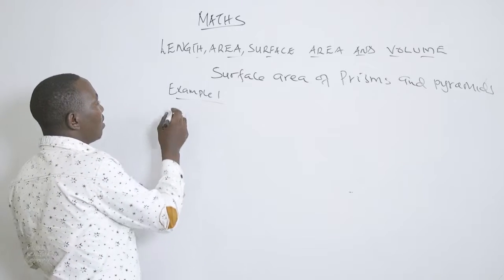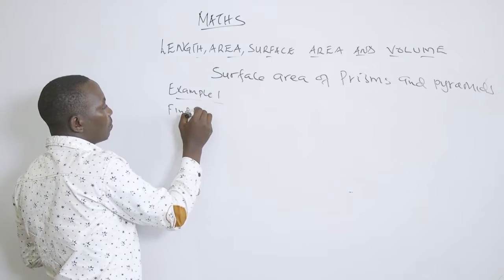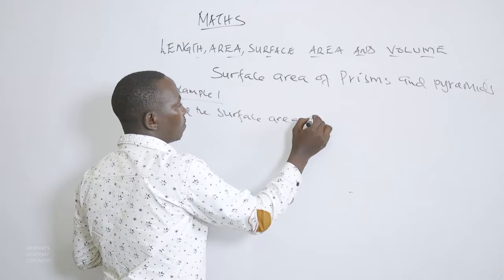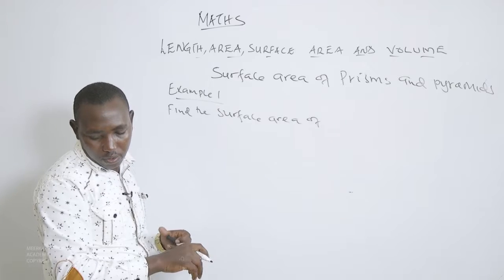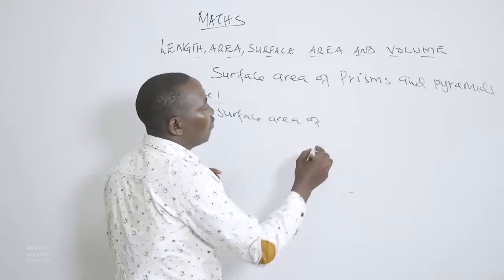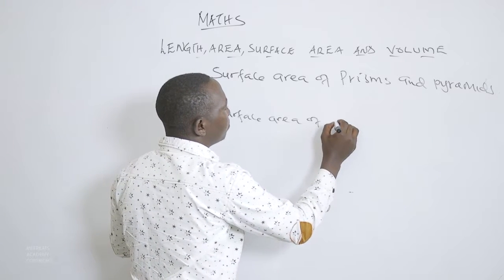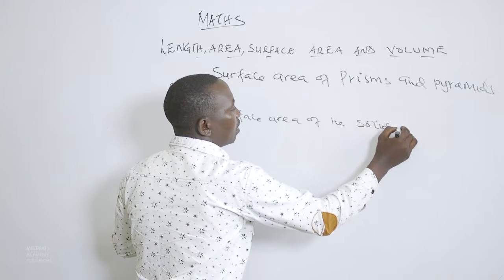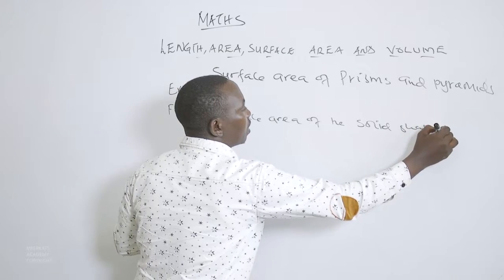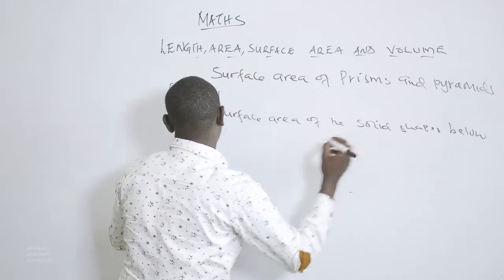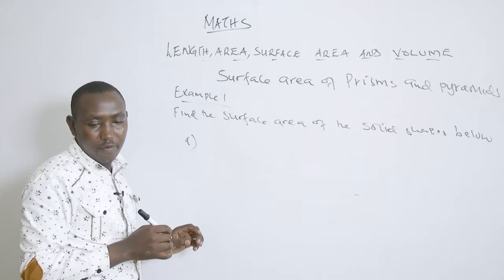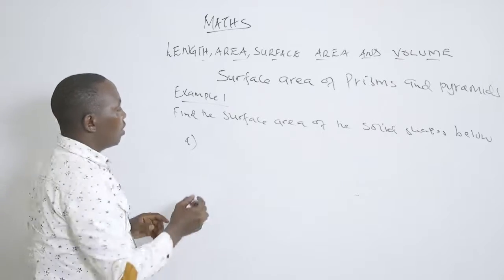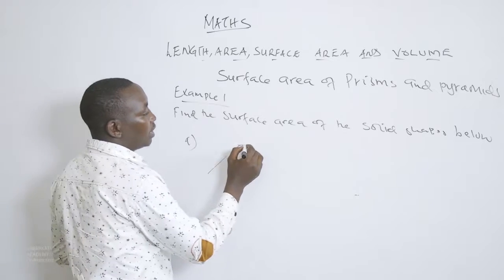Find the surface area of the following solid shapes below. So we have the first shape, which is a prism.